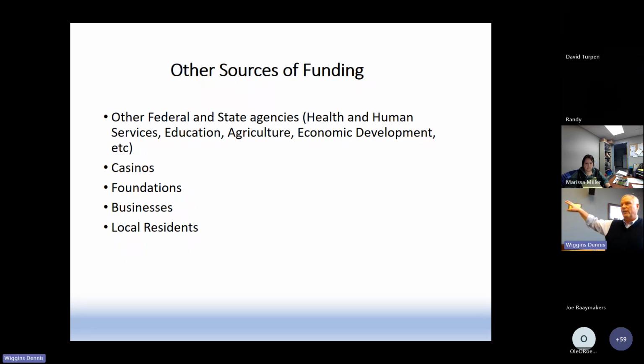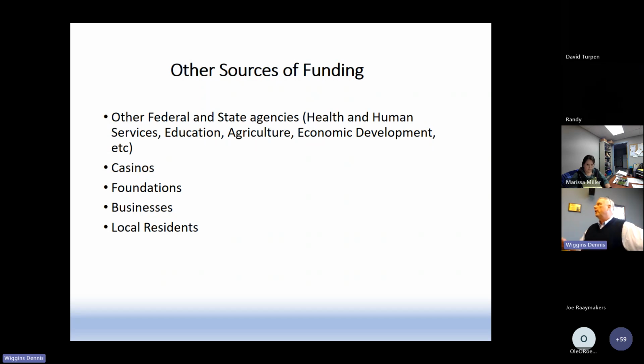Everybody thinks that the casinos are cash cows. They can be. They're typically pretty criminal justice friendly, and they tie pretty tightly to their geographic service area. They know where all of their people are coming from, and they're always looking to get their picture in the paper with a drug dog or whatever it is they bought.